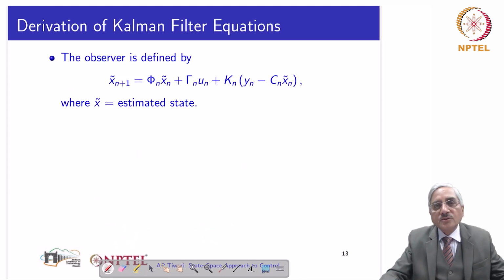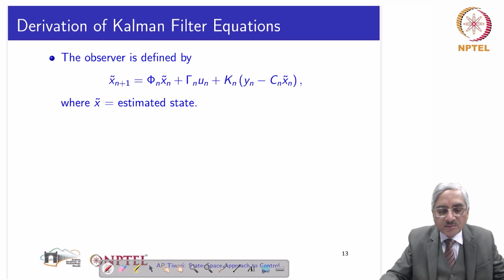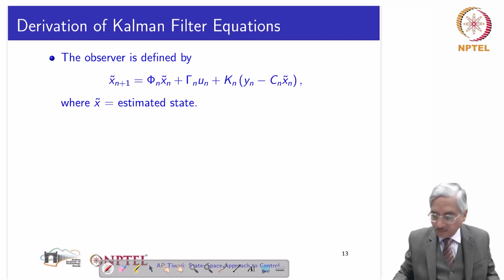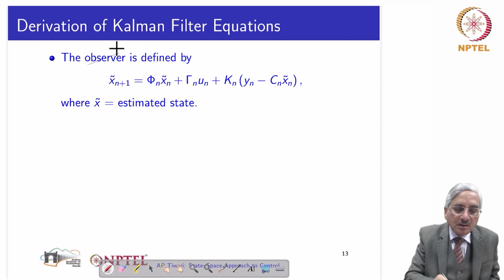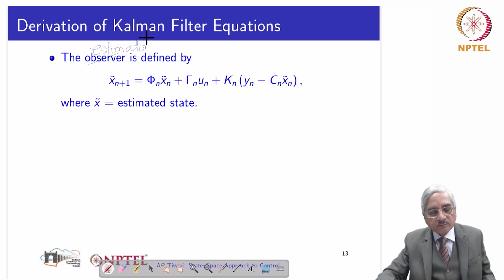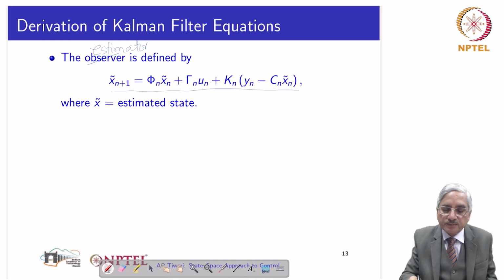Now, as we had seen in the continuous time case, the Kalman filter we got had two terms, one predicted term and one feedback term, which was applied through the gain K. So at the outset, in the case of discrete time system, we assume that the Kalman filter or the estimator or the optimal observer is defined by this equation.